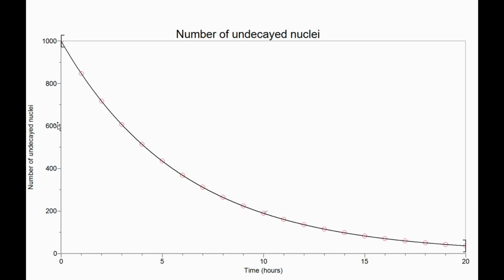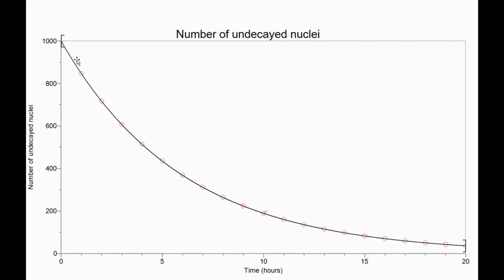From 1,000 to 500, it took approximately 4.2 hours. To go another half-life down to 250, that takes about 8.4 hours. Let's try that again. If we go from 250 down to 125, we would expect that to be about 12 something. So if we move the cursor across there, it hits the graph there at about 12 or 13 something. So it's approximately 3 half-lives.